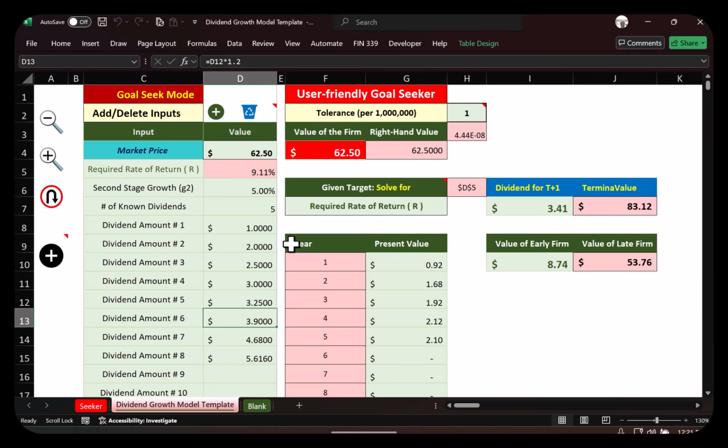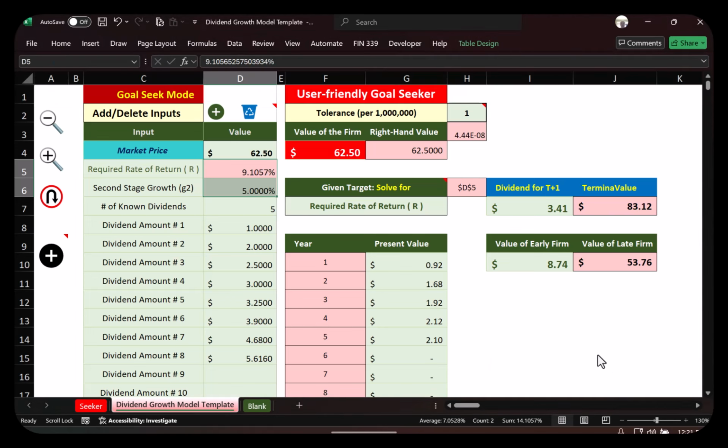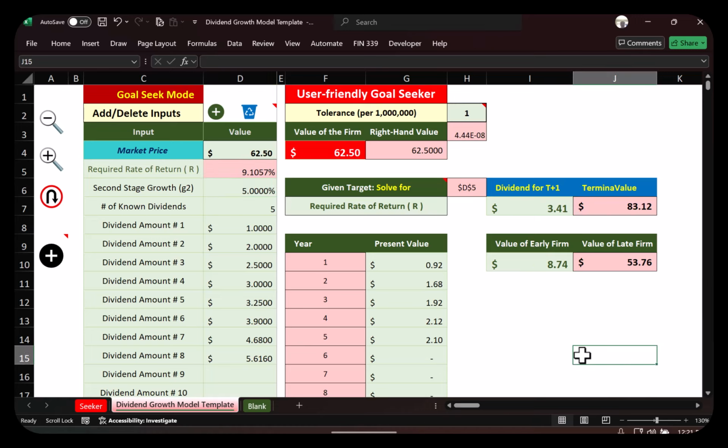Done. See that pink one? As soon as I change the input and it does the solve, it changed the color of the unknown to pink. So 9.11% actually takes care of that. If you want a little bit more precision, that never hurts. Actually, the number was 9.1057. Now you know the power of this.